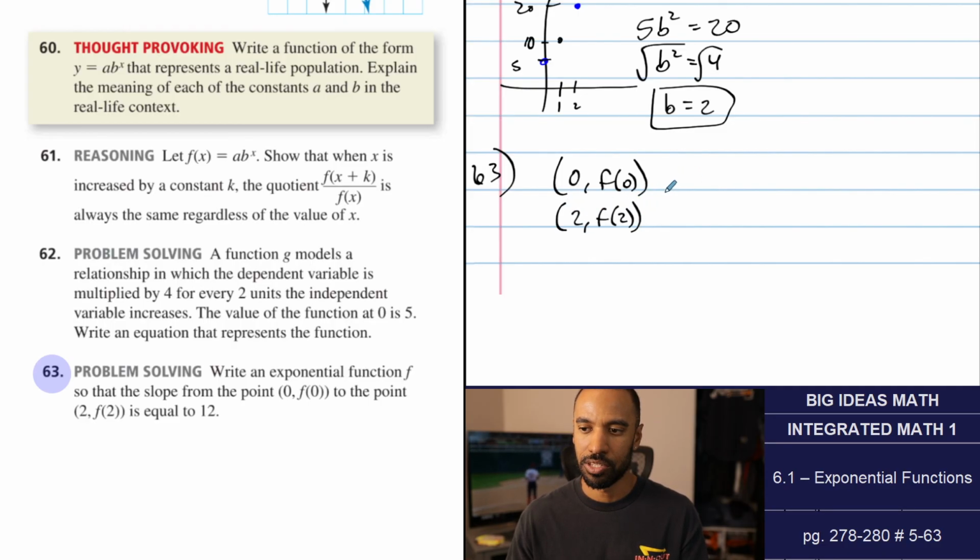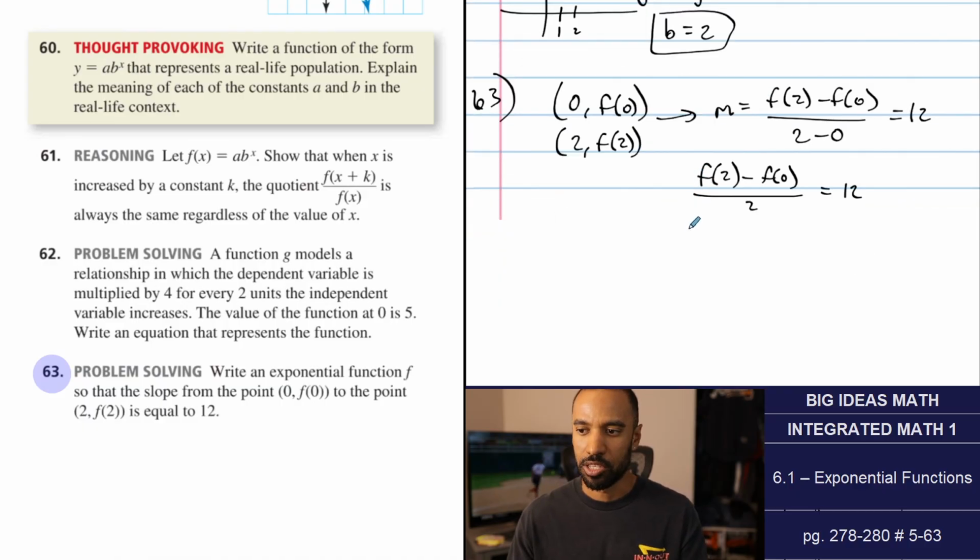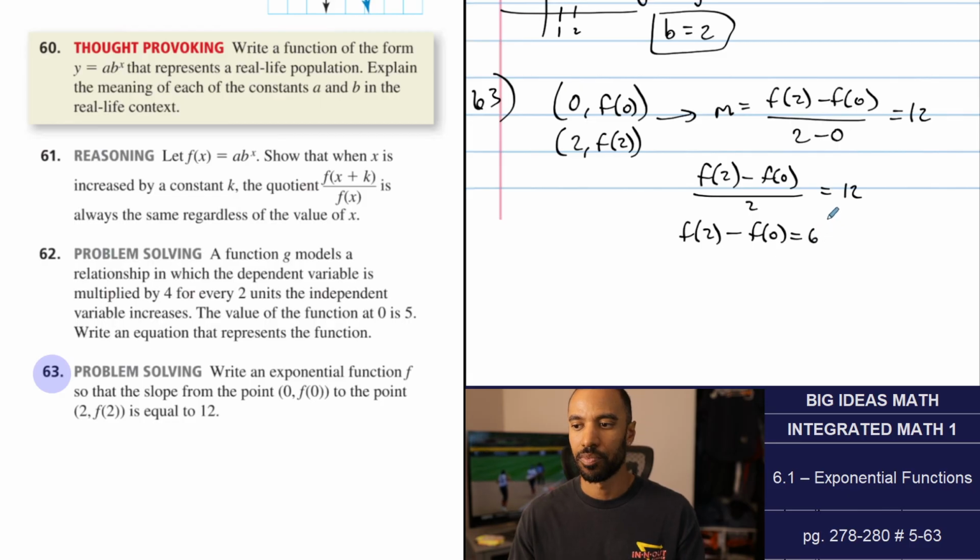What we're saying is we need our slope, y2 minus y1 over x2 minus x1, to be 12, or f of 2 minus f of 0 over 2 to be 12. If you multiply both sides by 2, f of 2 minus f of 0 needs to be 24. So we need the difference between this value and this value to be 24.